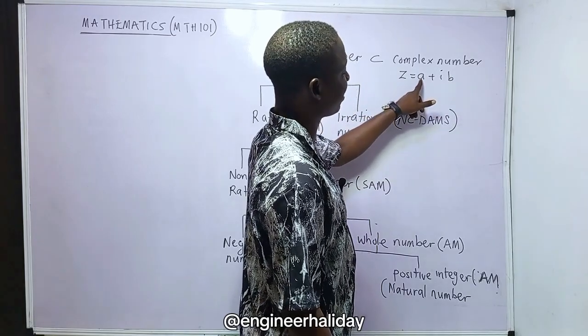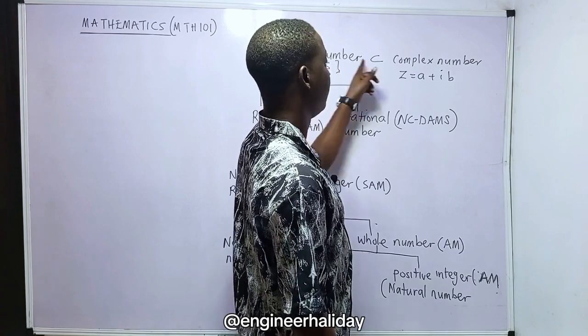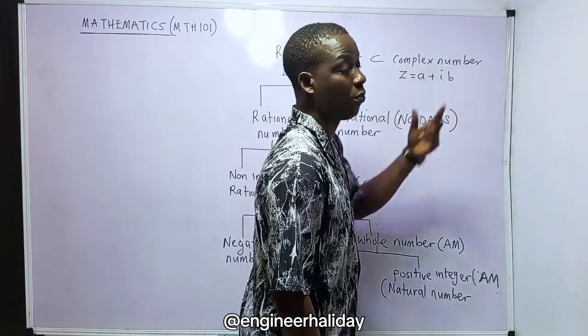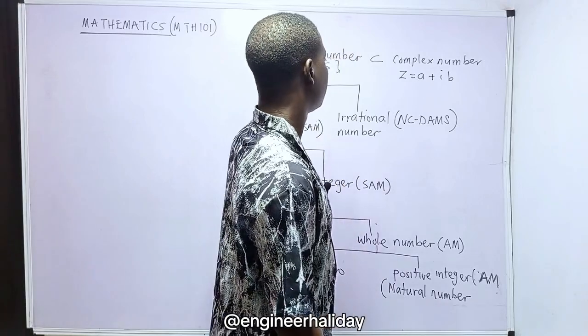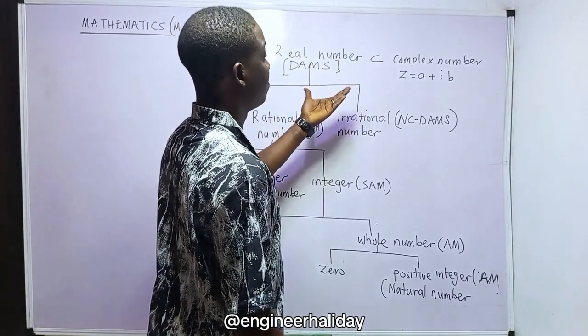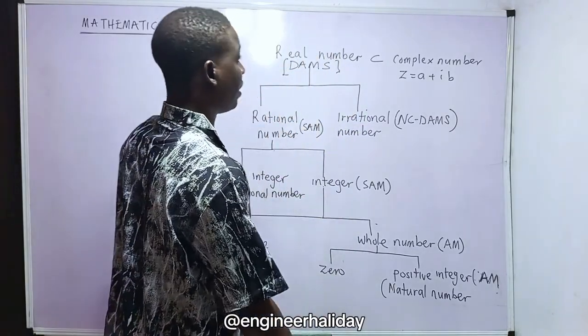The real part of it is what we call the real numbers. Then the complex side, everything combined together, makes it a complex number. So a real number, in other words, is a subset of a complex number.